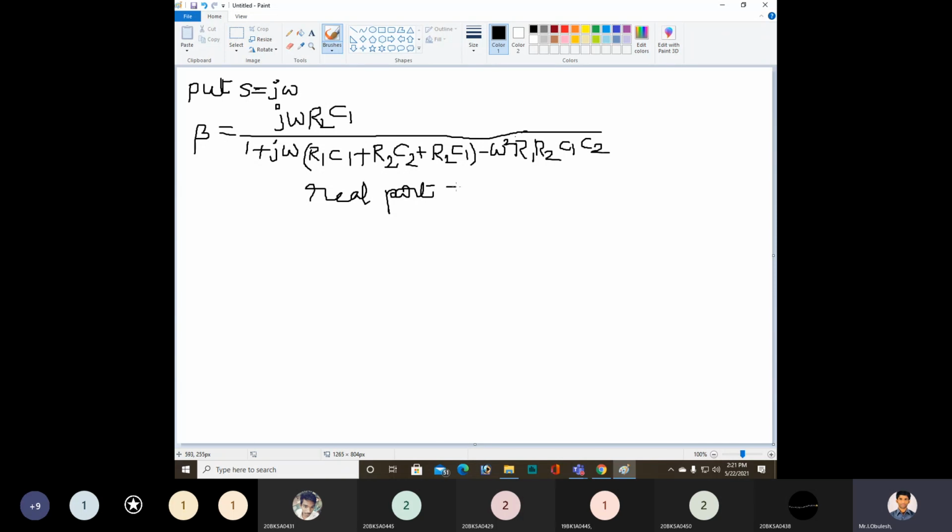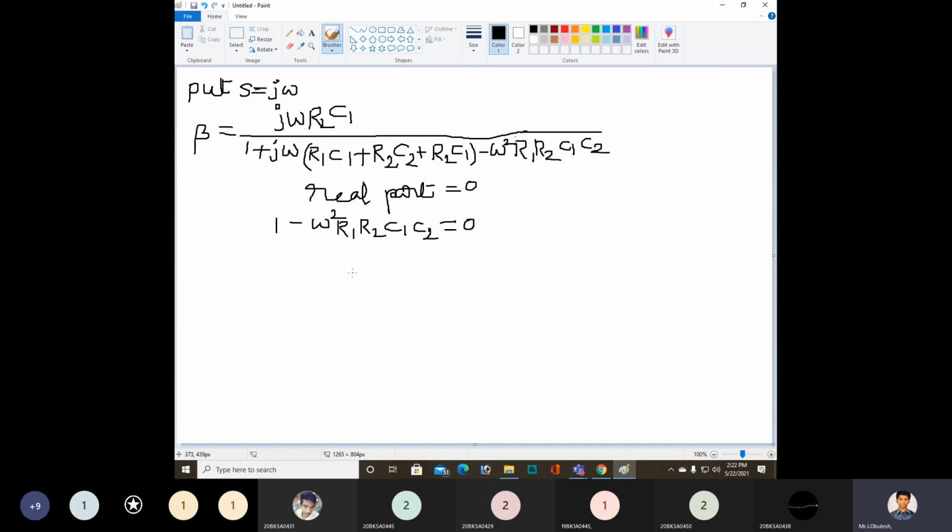Real part equals 0: 1 minus omega square R1 R2 C1 C2 equals 0.